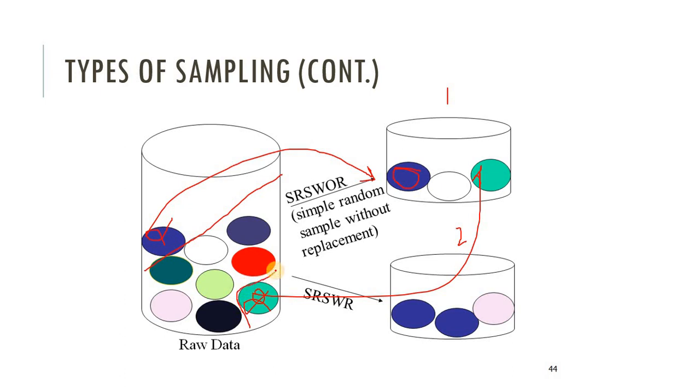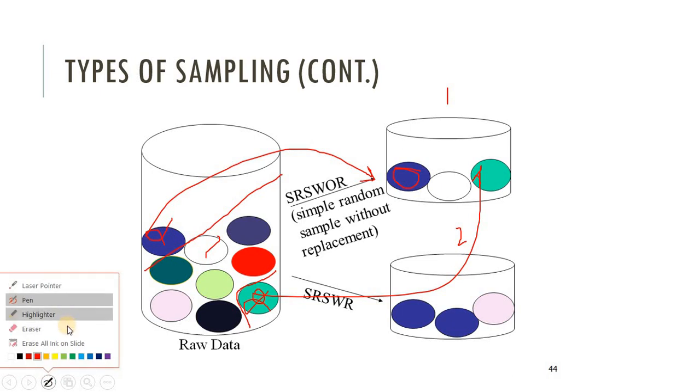This is how sampling without replacement works. The purpose of this technique is that once a data sample is chosen, it will never be repeated again, so we remove it from the main data set. Because we choose randomly, the data will not repeat, and that is why this technique is used.